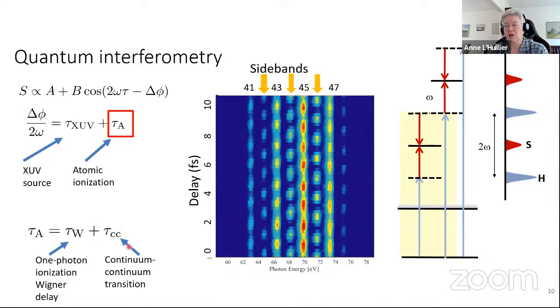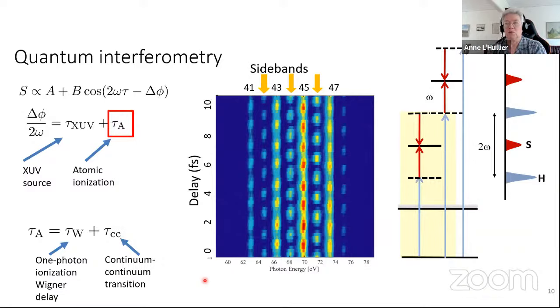And then there is a second term, which is called continuum transition delay, and which is related to this continuum transition that we have here, and which is needed in order to have this interference. So you can consider this as really a correction due to the measurement.